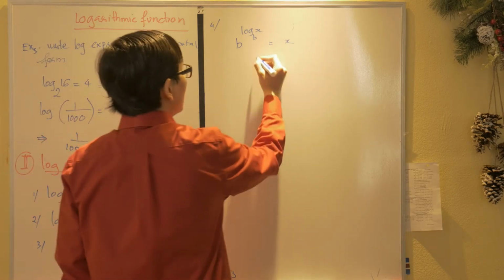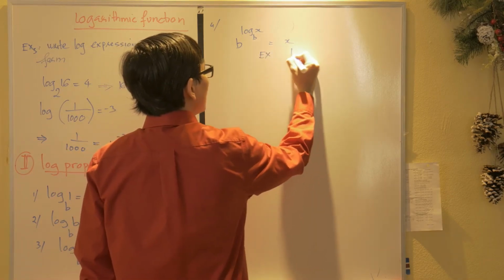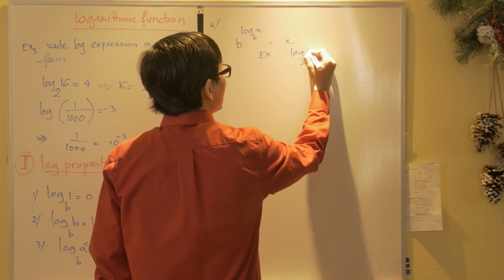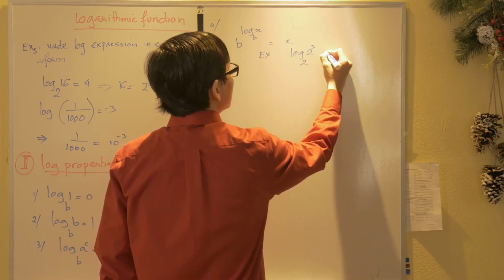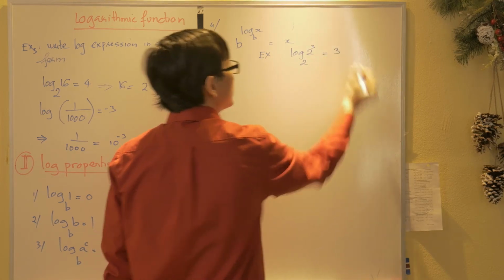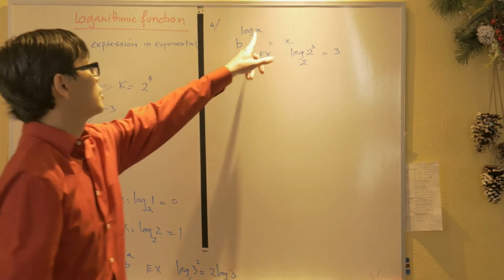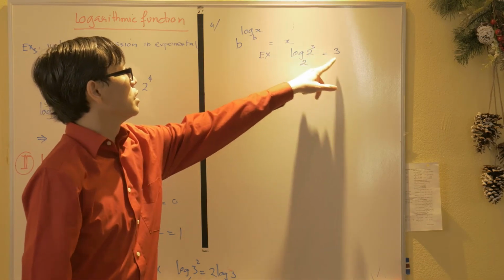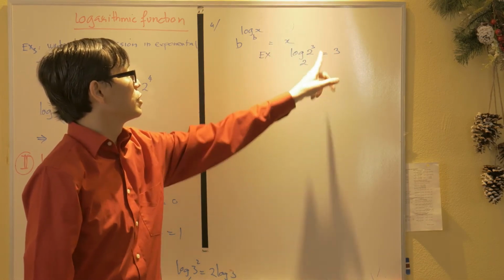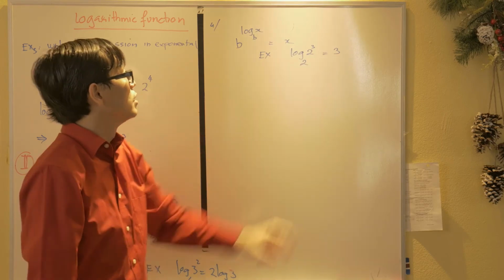Example, I have 2 to the log base 2 of 3. Basically you just need to bring x here, down here. So bring 3 down here.